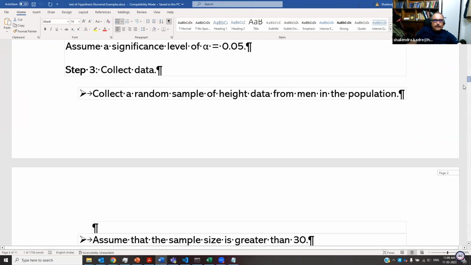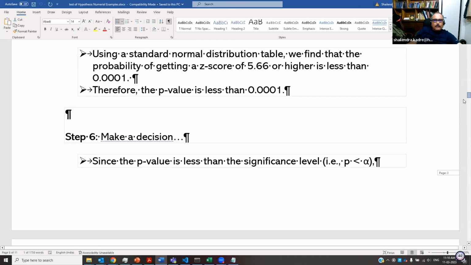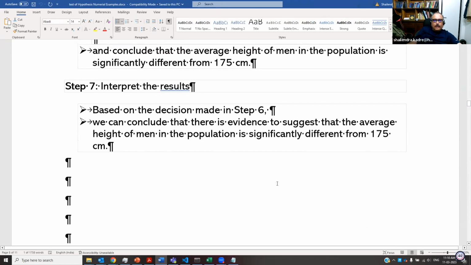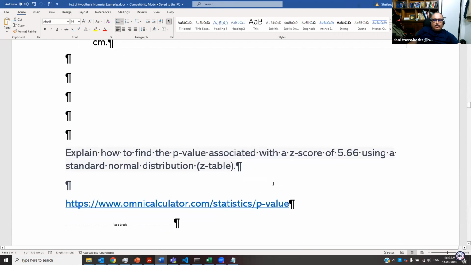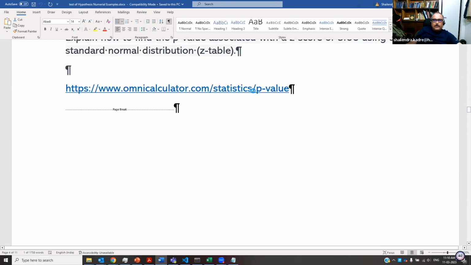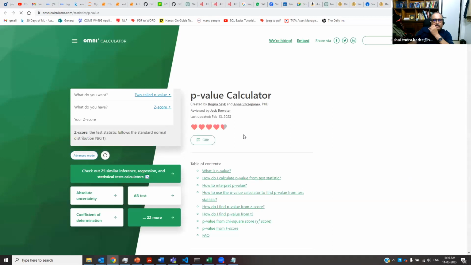So this is Example 1, and at the end of that we have the p-value calculator. I just click on that and I get my p-value calculator.